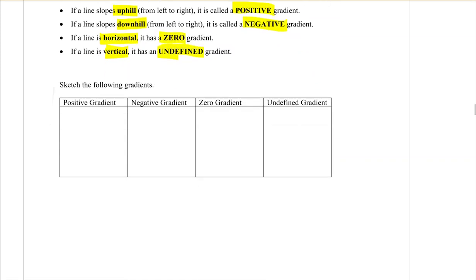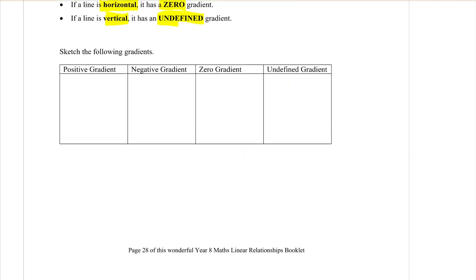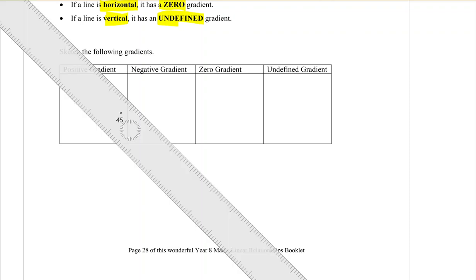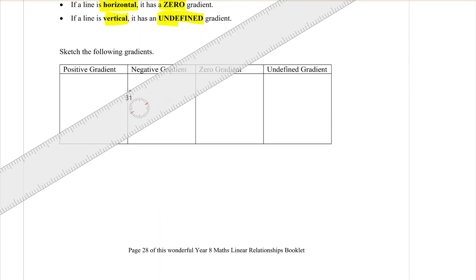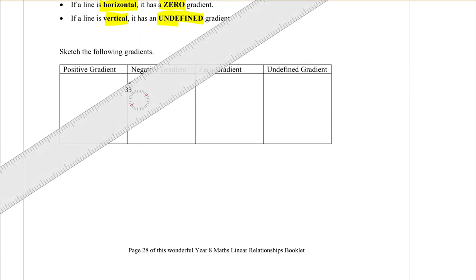So we're going to fill in this table to remind ourselves of these 4 different types of gradients. So it says sketch the following. First of all, a positive gradient is anything that is sloping uphill. Okay, so this is a graphing topic, so rulers are needed. Positive, uphill, like that. Anything going up the hill.